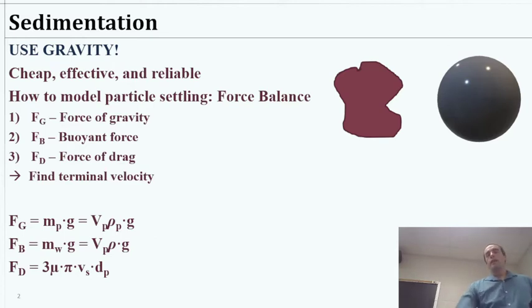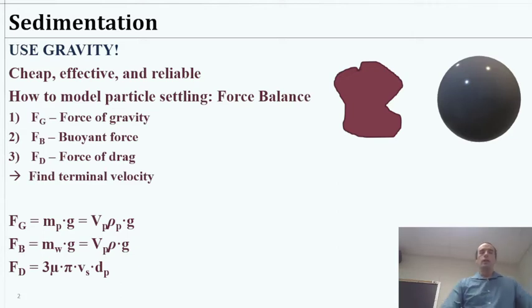It's a good idea to start a reactor design, a sedimentation basin design, on the basis of assuming something about these particles. That way we'll have some control over at least this type of particle in our operation, and we can be confident of that control.